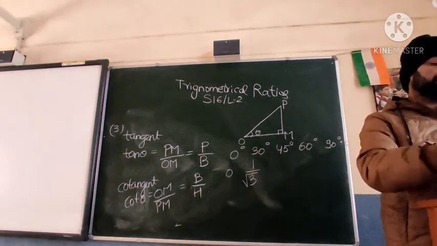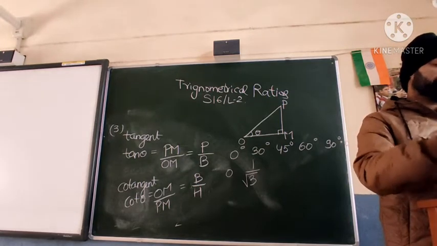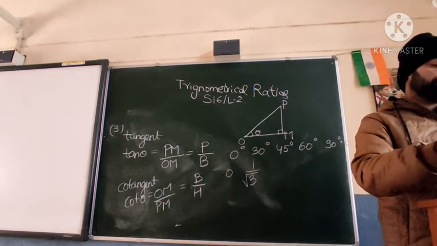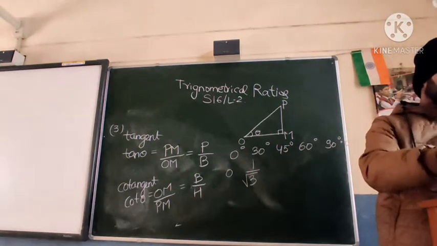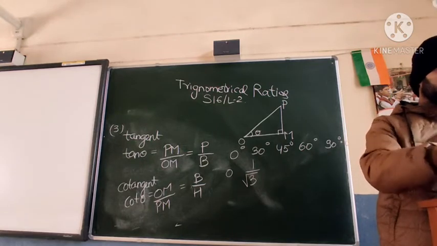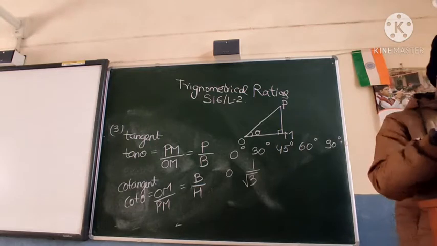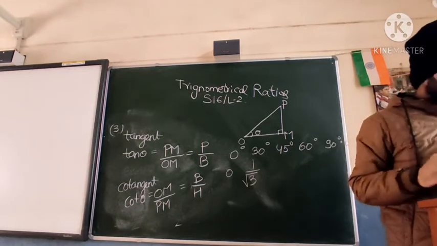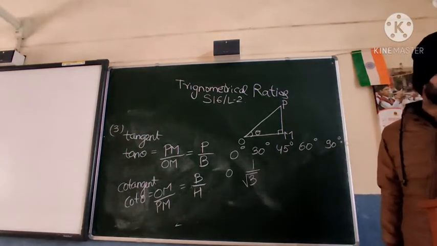Let me check it out here. Yes, so tan of 30 is 1 by root 3, that is correct.